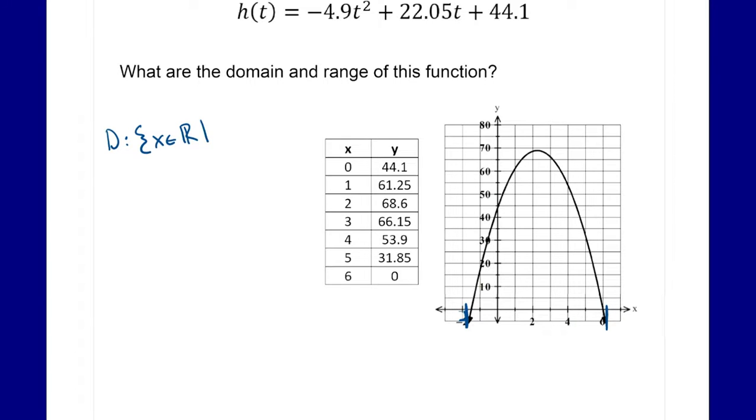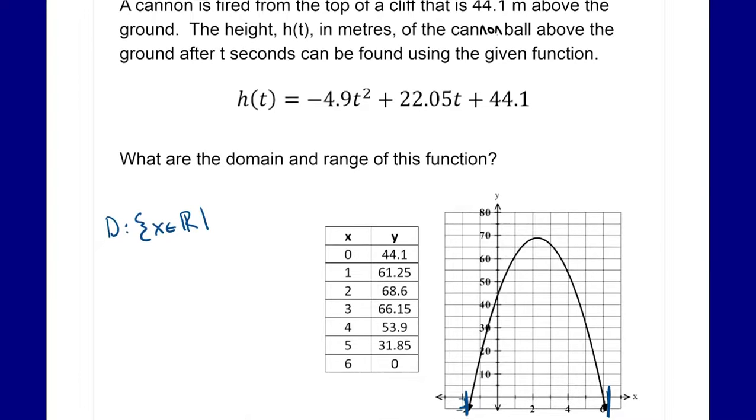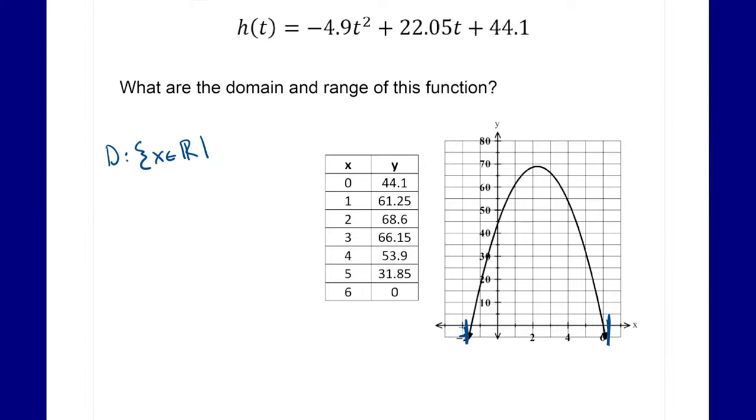Now, if I think about a cannonball being shot, what values make sense horizontally? If we're looking at time and meters, x is going to be the time, y is going to be the meters.